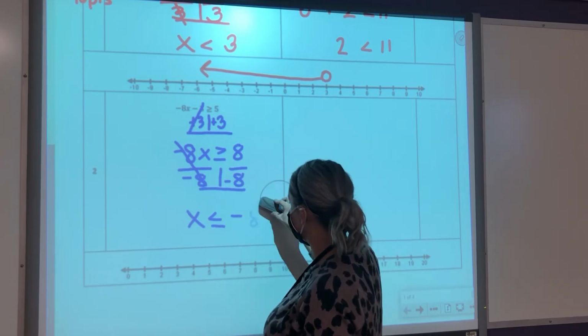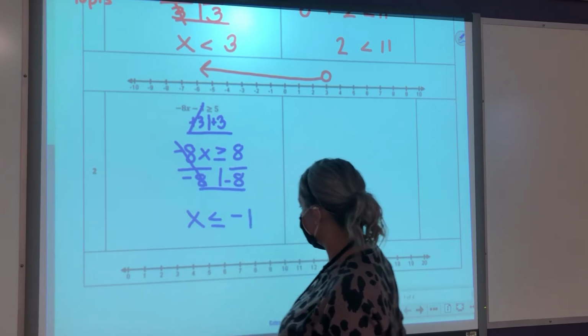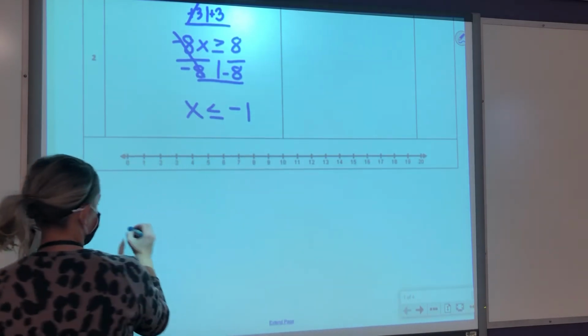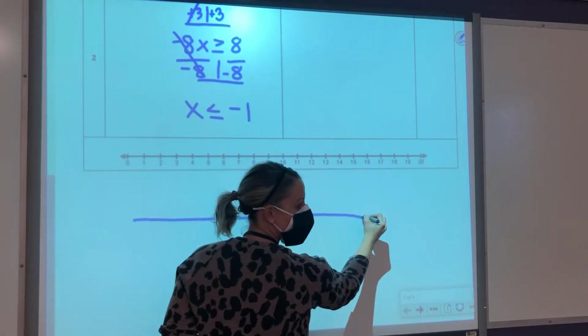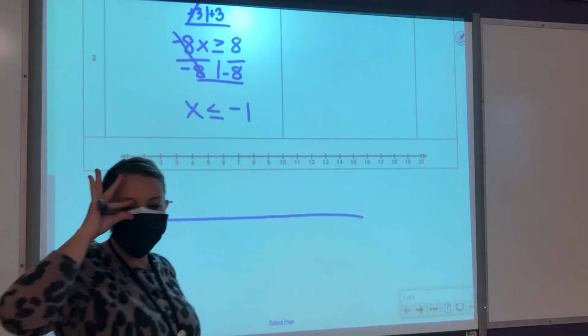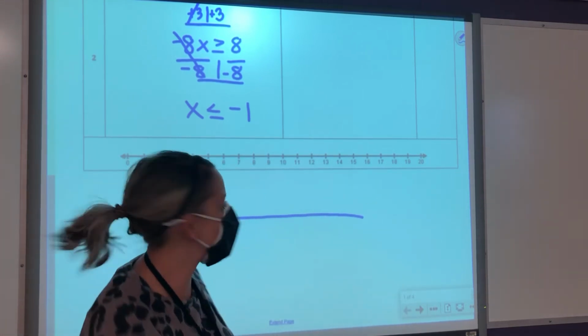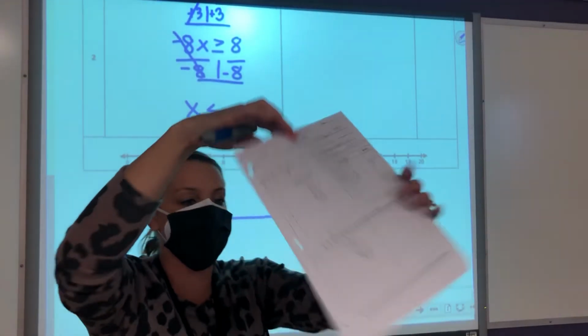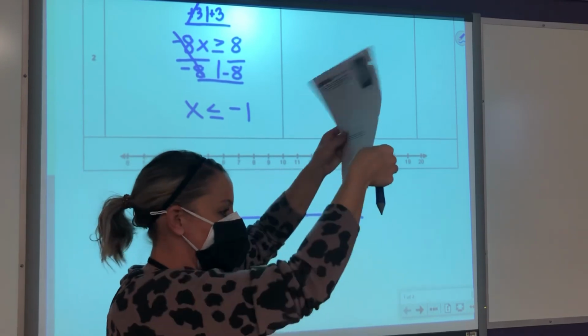Ooh, not 8. Duh. There's negative 1 on the number line. Oh, son of a biscuit. It's alright, just draw it underneath. How much space do you have? If you have space, like B has space right here, can you draw it there?